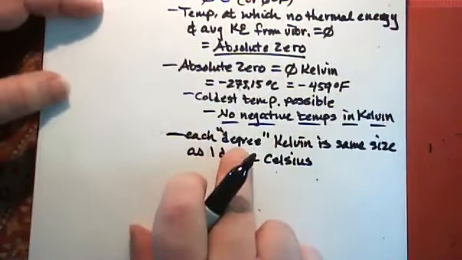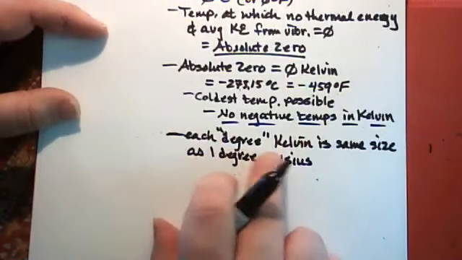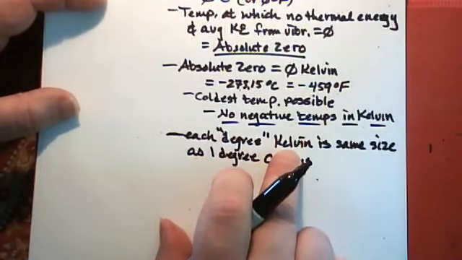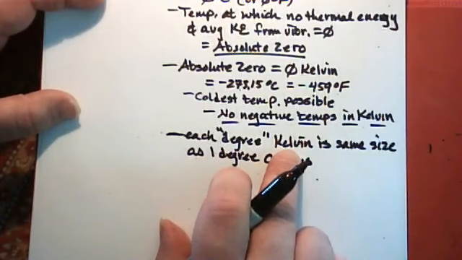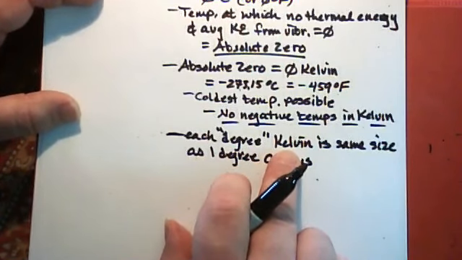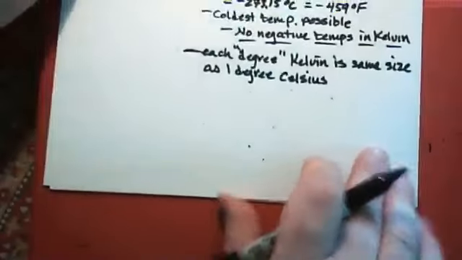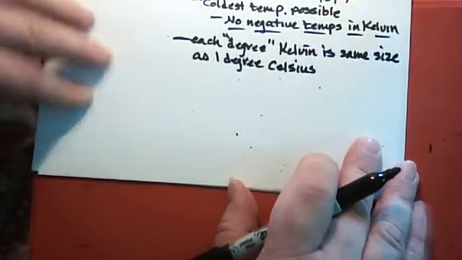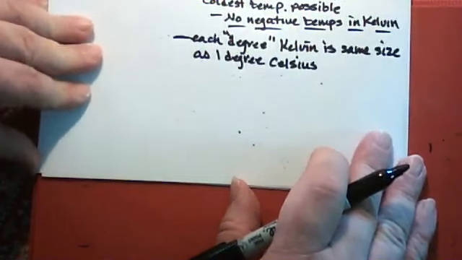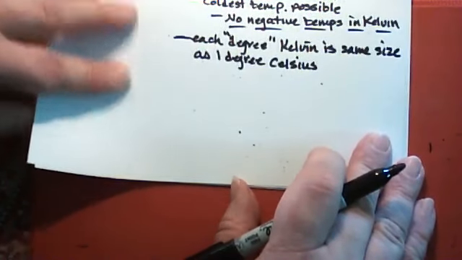I put the word degree in quotation marks here because technically on the Kelvin scale, you're not supposed to call it degrees Kelvin. It's just kelvins. And you notice I didn't use a degree sign up here at the top. I'm not really very picky about that, but it's just something that you might want to keep in mind.